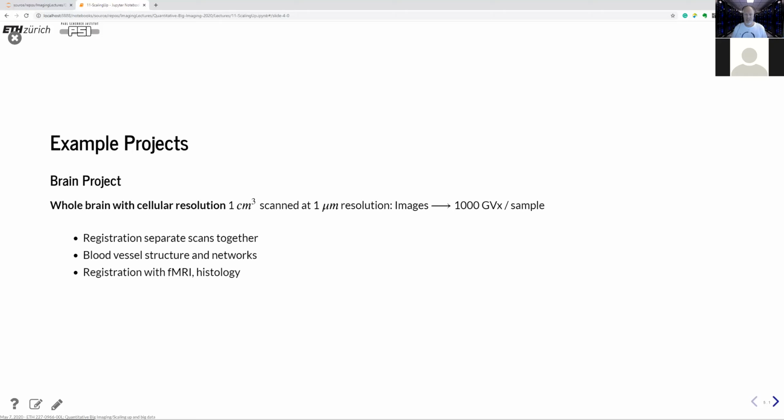The idea is to look for blood vessel structure and their networks. In combination with that, we have the bimodal approach, combining with functional MRI and histology information. So it adds even more information to the problem, and then we really go to the limits of what the workstation can do, also on the full data set.